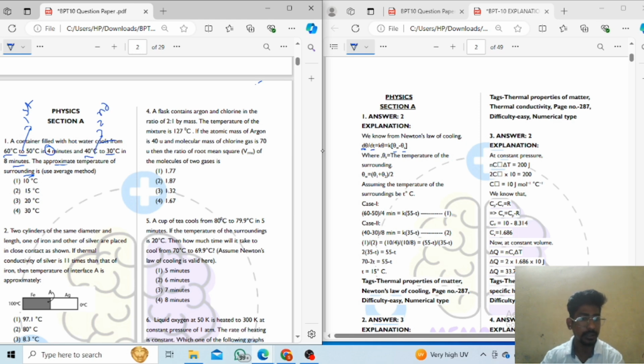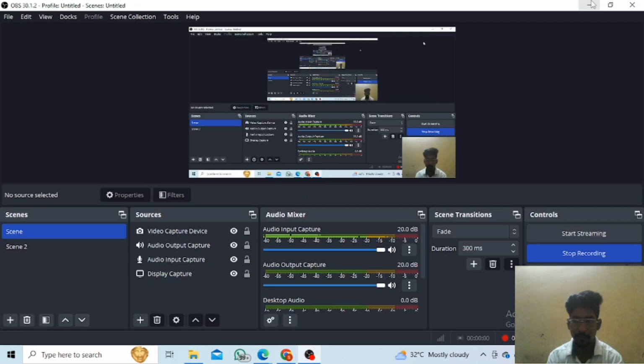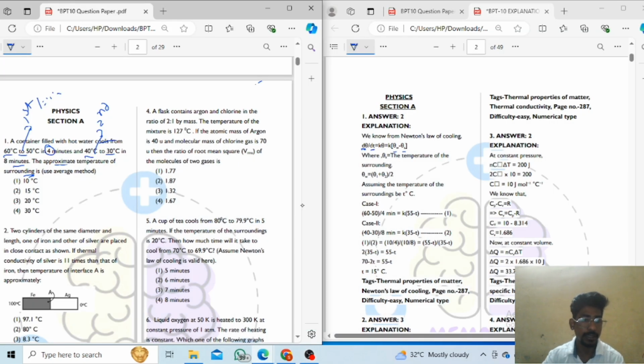In the first case, what will be the d theta? 60 degree minus 50 degree, that means it will be equal to 10 degree. In the second case, same d theta equals 10 degree, 40 minus 30 means it will be 10, and time here is 8, while in the first case the time is 4.